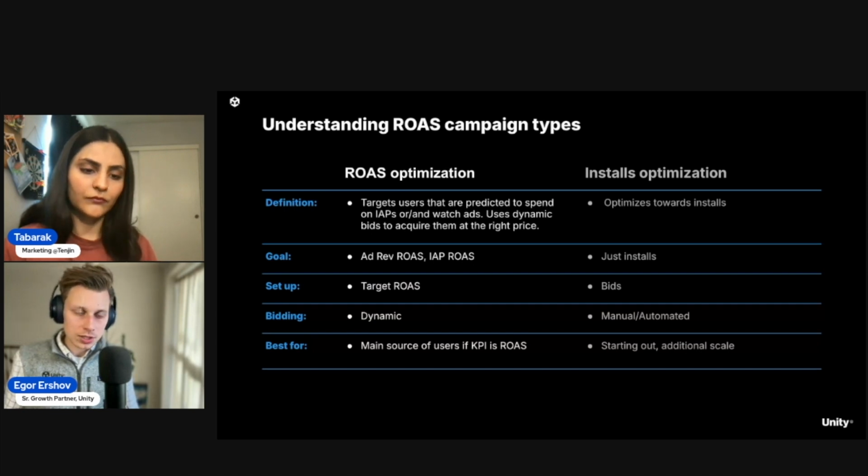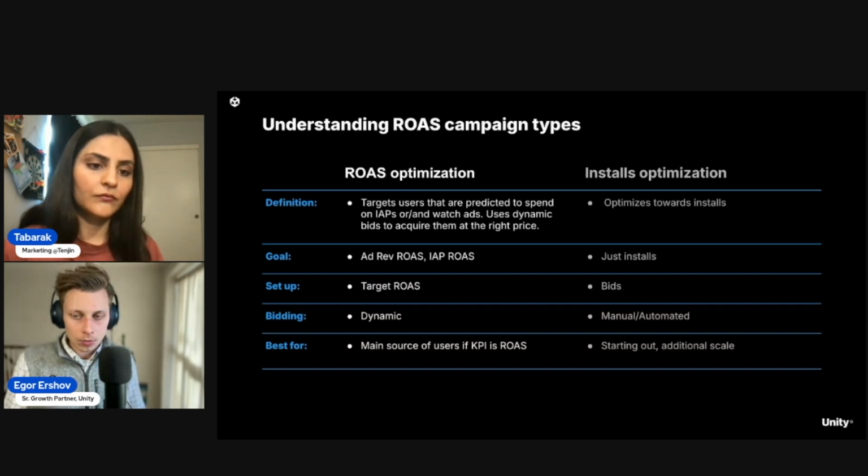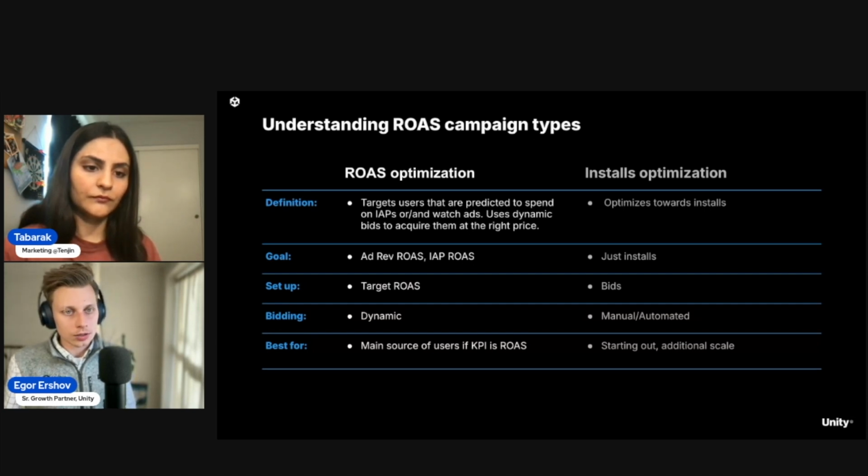So for IAP ROAS campaigns, you must have 10 unique paying users in your D7 cohort. For ad revenue ROAS campaigns, you must acquire 200 installs, each of which would generate at least some ad revenue. And those installs must mature to the 7th day.